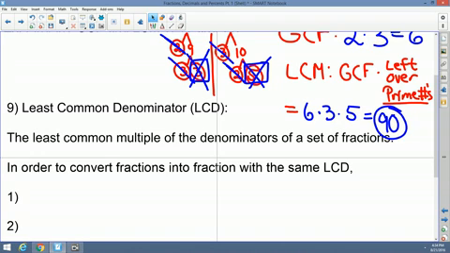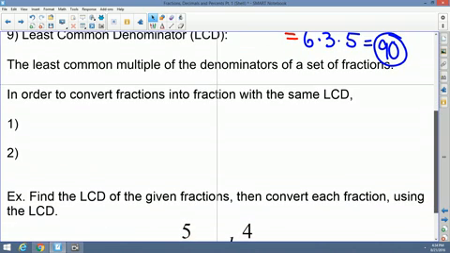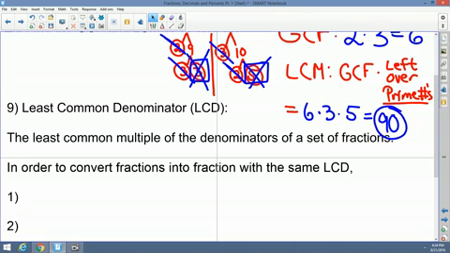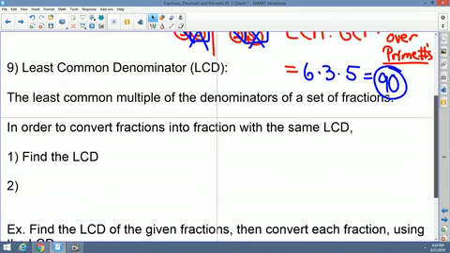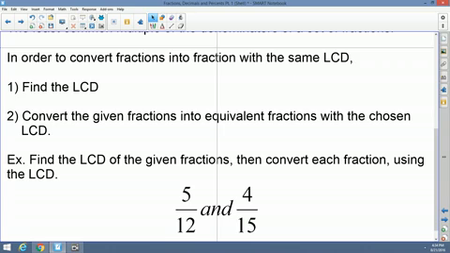In order to convert fractions into a fraction with the same LCD, one, you want to go ahead and find the LCD. Number two, you want to convert the given fractions into equivalent fractions with the chosen LCD.